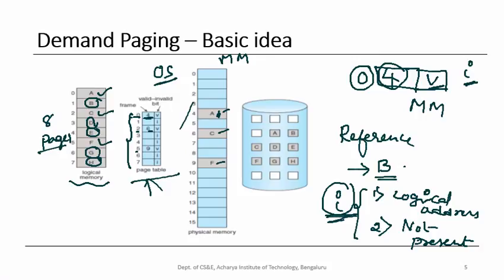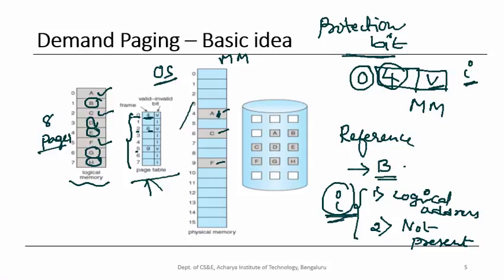So here I have told you that an additional bit is associated with all the entries in the page table, which tells us whether the page is present in the main memory or not. You can also call this as protection bit, because it also says whether the process is making a legal reference or an illegal reference to the page.